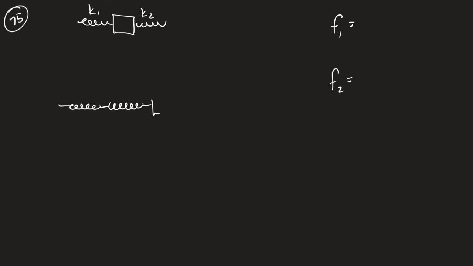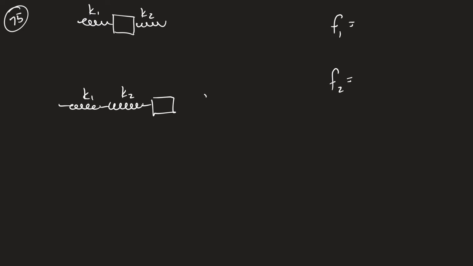All right, so both of these problems have you deal with the frequency of oscillation for the object on one spring. They have this setup with K1 and K2, and they have this setup with K1 and K2.